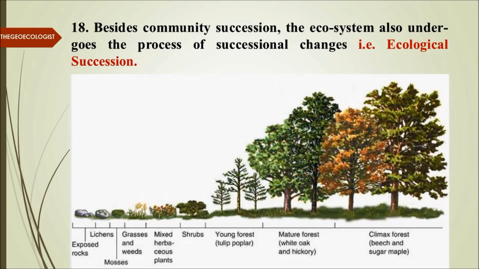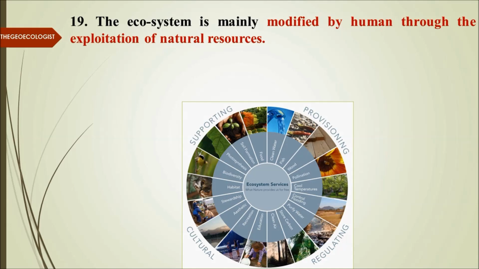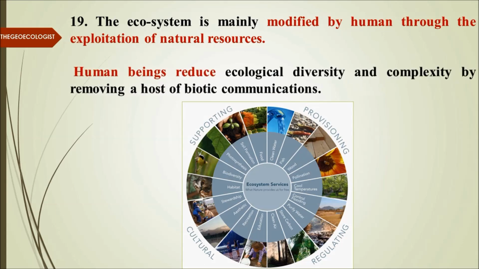Okay, remember that. The ecosystem is mainly modified by humans through exploitation of natural resources. We all understand this very clearly these days, especially during lockdown. The ecosystem is modified by human beings to such a level that when it is left alone, we actually realize how much we are exploiting the natural resources. So human beings reduce ecological diversity.